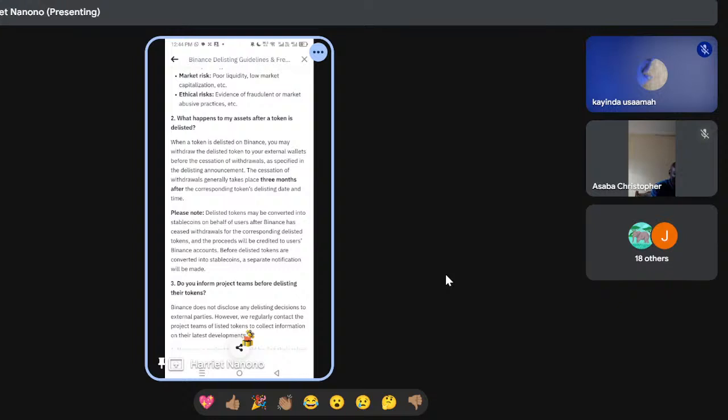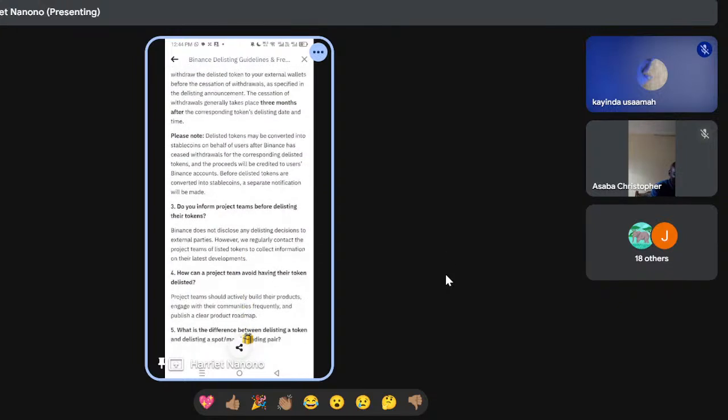Then another question. Do you inform project teams before delisting their tokens? Binance does not disclose any delisting decisions to external parties. However, we regularly contact the project teams of listed coins to collect information on their latest development. They don't tell them that we are going to delist; they just keep asking, is there any development? What is going on?